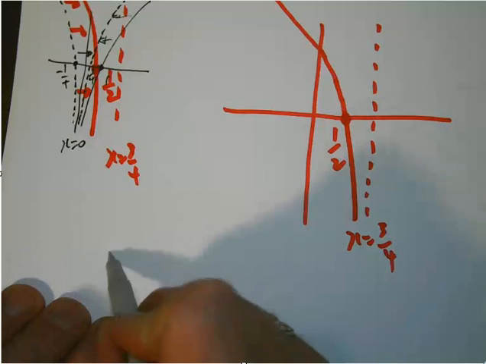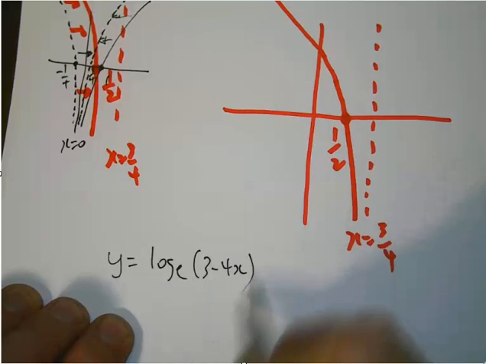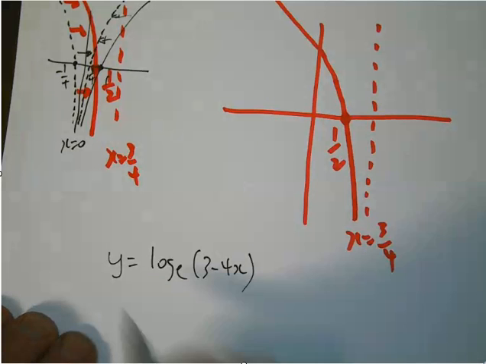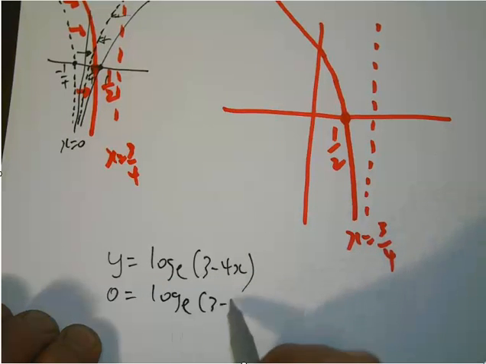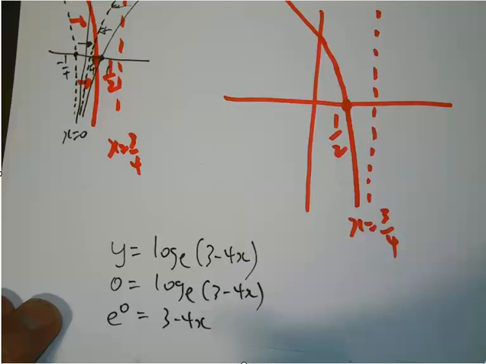I know that y equals log base e of (3 minus 4x). To find the x-intercept, let y equal 0. 0 equals log base e of (3 minus 4x). Turn it all into an exponential. So e to the 0 equals 3 minus 4x. 1 equals 3 minus 4x.